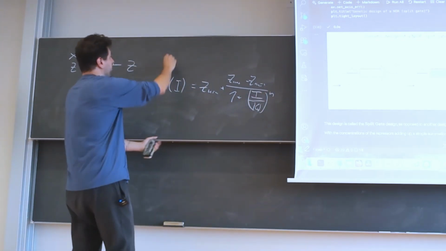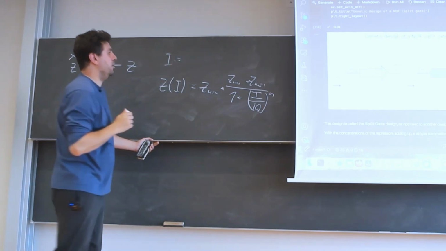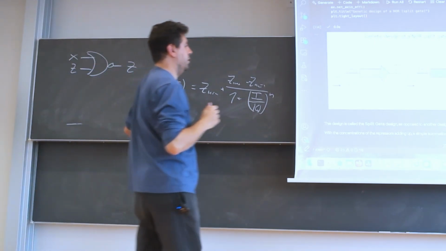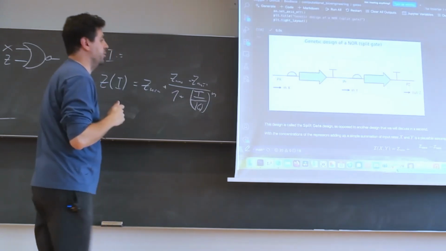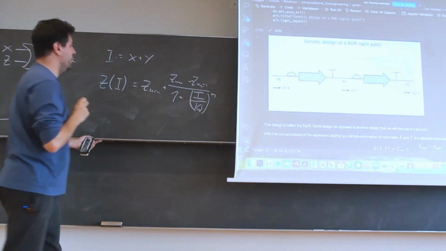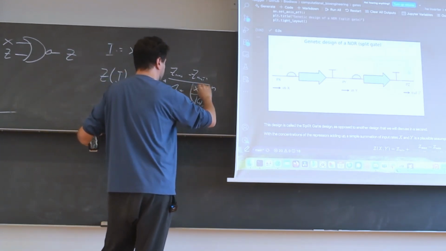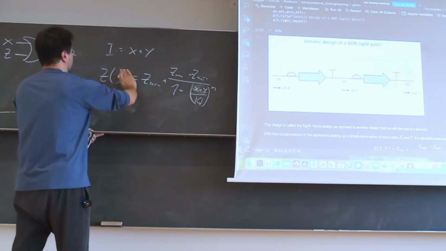And what is I? That was our inverter input. This is now the combined inputs. For example, it's just x plus y. So we can just substitute that here.